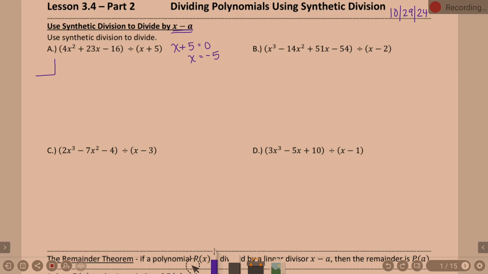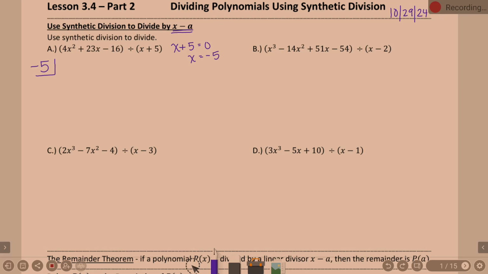You subtract the 5 over and x equals negative 5, yes? Negative 5 is what is going in my box. And that's the easiest way for me to connect it. But realize this is of the form x minus a. So you're always going to take the opposite sign from your divisor. So since this is x plus 5, I'm putting a negative 5 here.